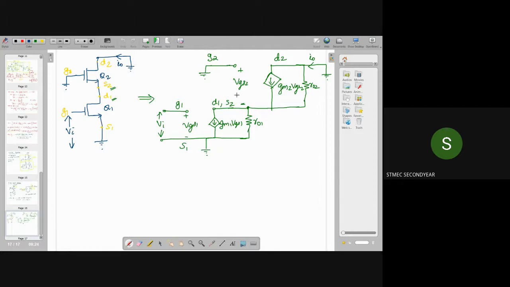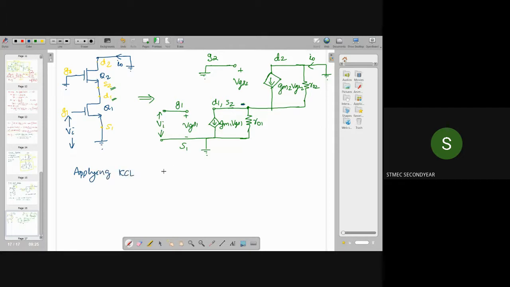Now, note one point here. G2 is connected to ground, right? So we can say across this R01, the voltage will be minus VGS2, since the gate 2 is at ground. Now, first you have to apply KCL.